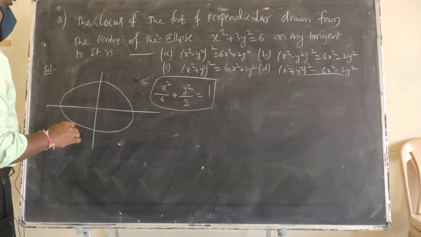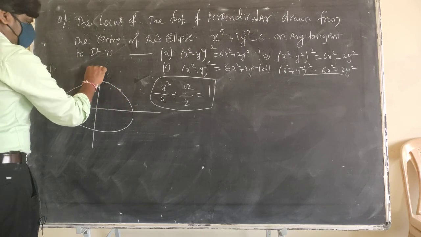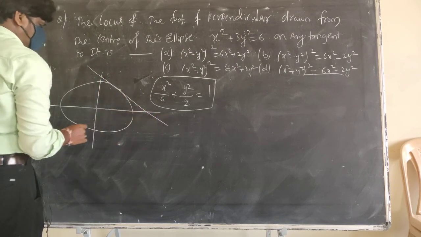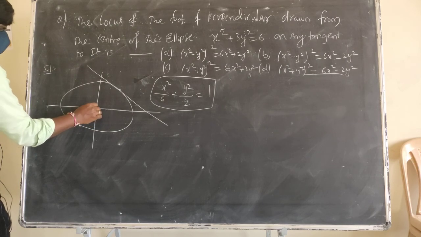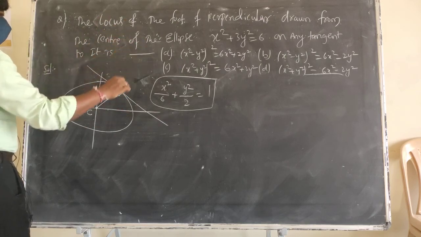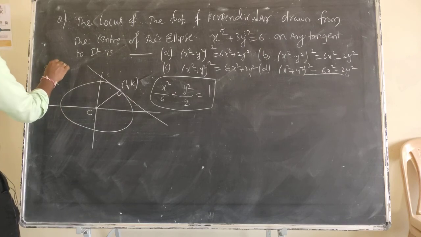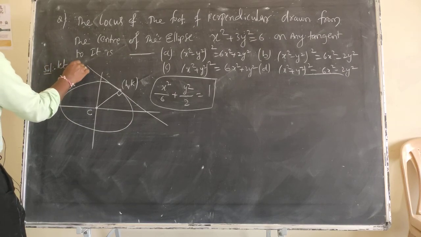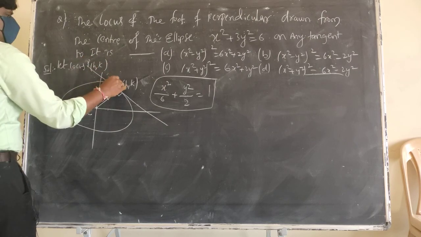It is clear. So he is saying that tangents are drawn. When you draw perpendiculars from the center of the ellipse to these tangents, all these foot points are locus points. Let us take the locus point as P(h, k).